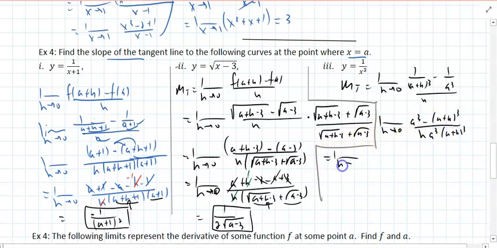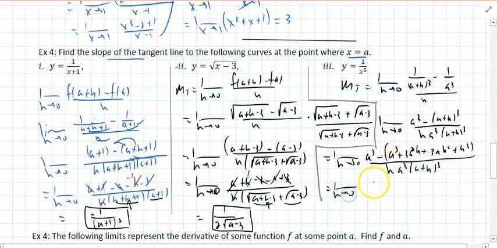That is the limit as h approaches 0 of a cubed minus a cubed plus 3a squared h plus 3ah squared plus h cubed all over h, a cubed times a plus h cubed.